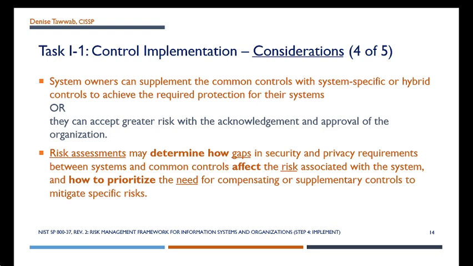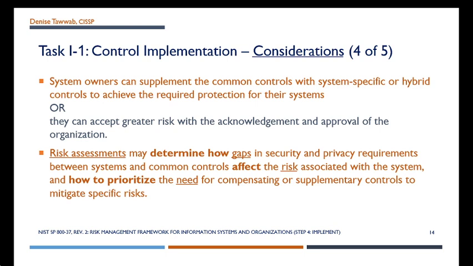System owners can supplement the common controls with system-specific or hybrid controls to achieve the required protection for their systems, or they can accept greater risk with the acknowledgement and approval of the organization. So basically, they have to go back to the authorizing official and say, the common control is deficient, but rather than try to supplement it or do anything, let's just accept the greater risk that comes from using the control.